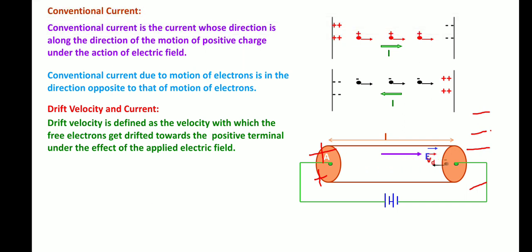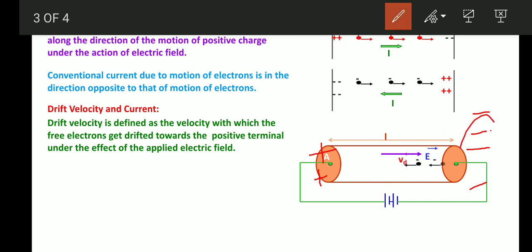The electrons accumulated here will move towards terminal A. That is the direction of motion of the electrons, from terminal B to terminal A. But the conventional direction of current is from the positive terminal of the battery to the negative terminal. The electrons inside the conductor move in the direction opposite to the current.